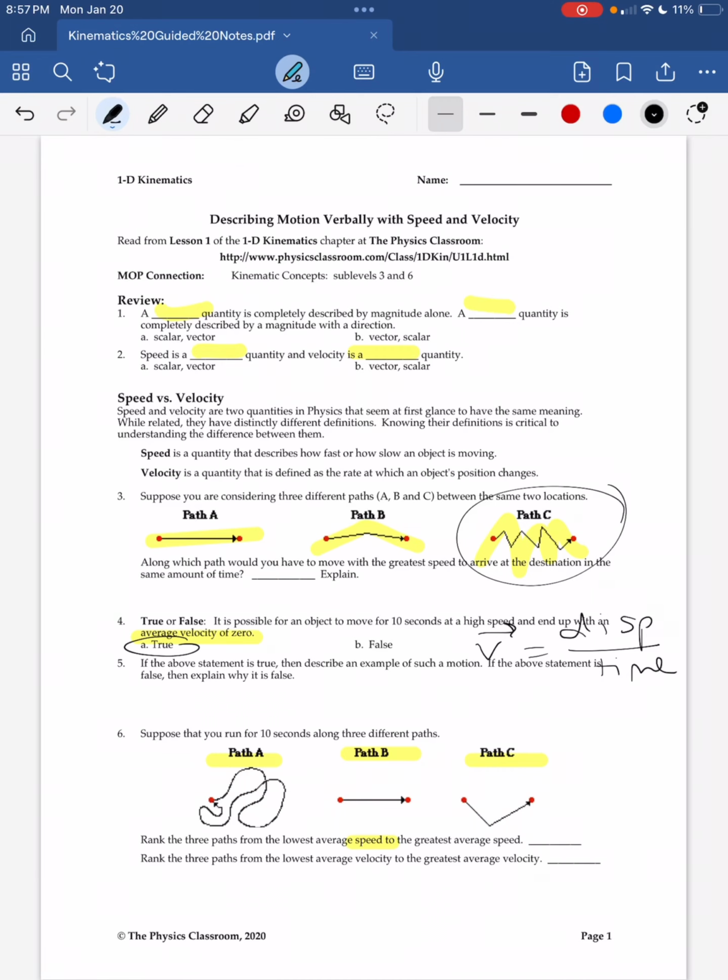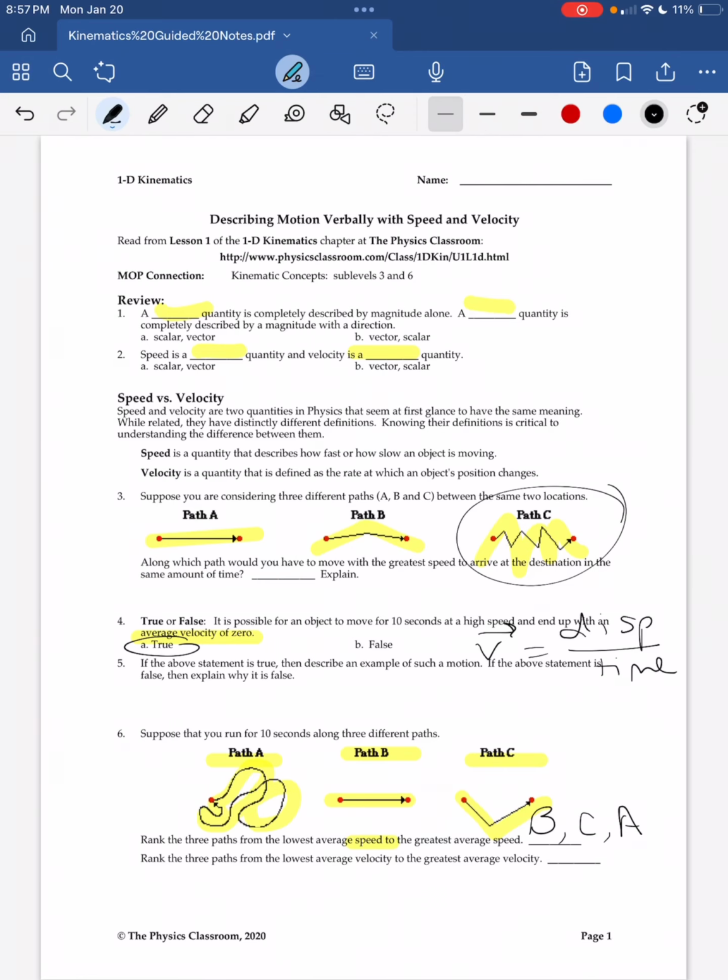It is going to be B, because we just have this short bit right here that is accomplished. Path C, a little bit more. So B and then C. Then lastly, this long path, they are ending back where they started, but for speed, that's okay. The distance that they traveled is still longer than in B or C. So A is going to be the greatest.